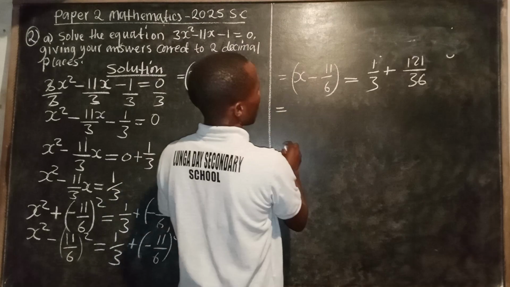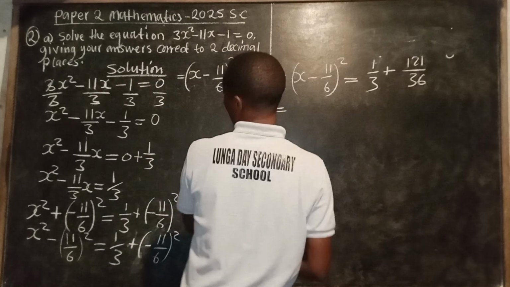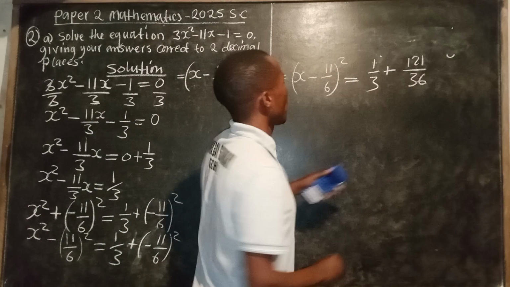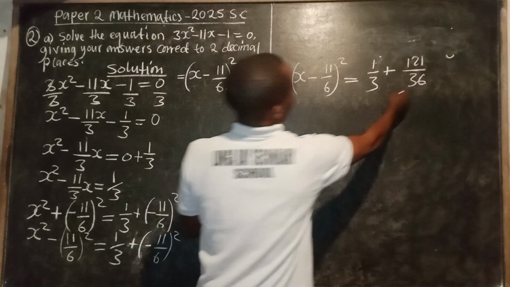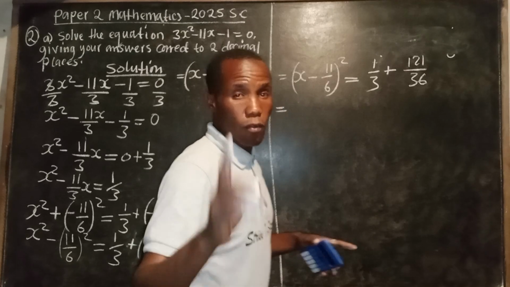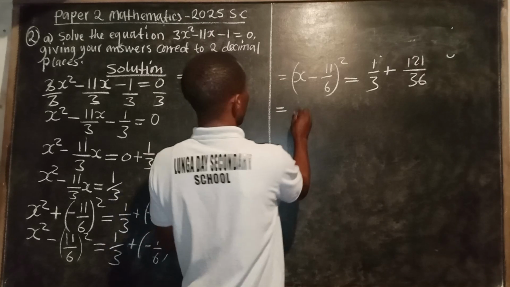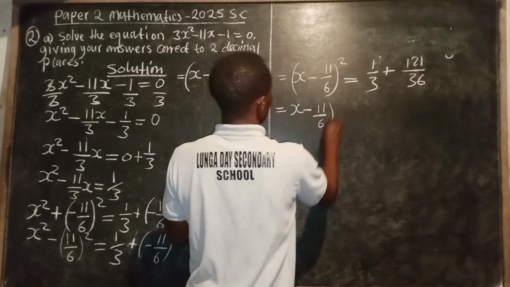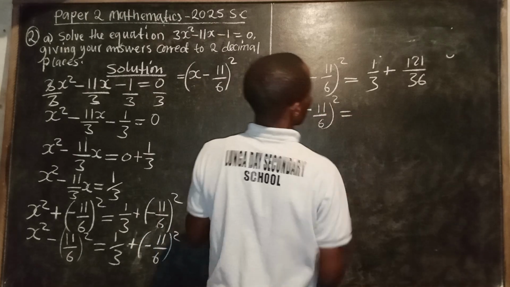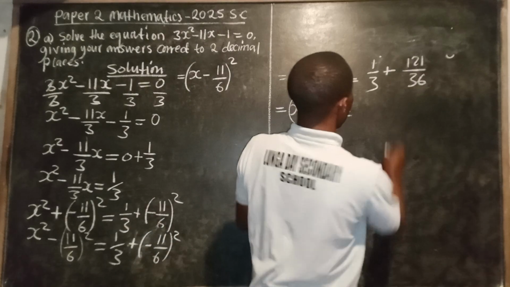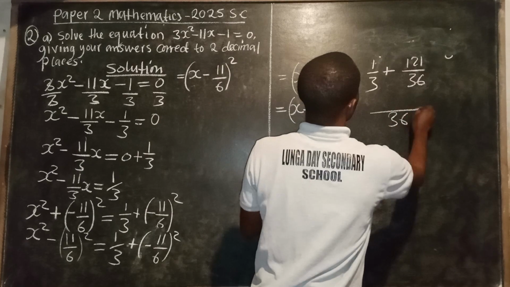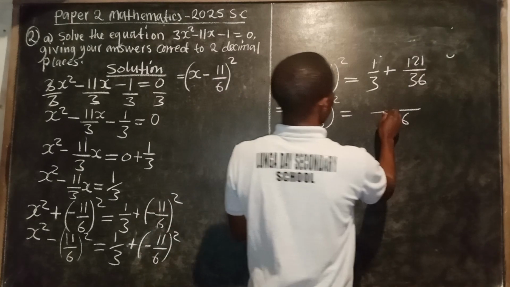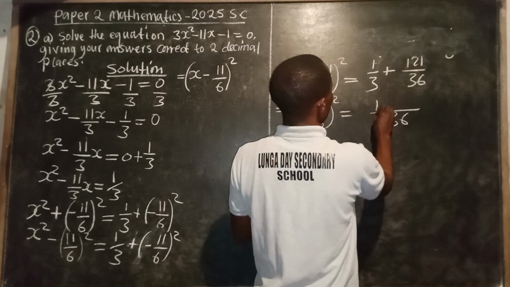Then from there, don't forget we have a square. We can simplify this so that we only have one fraction, as there are two fractions there. Let us bring this one down, over 6, then squared is equals to; what is common here is 36. 3 into 36 is 12, 12 times 1 is 12.